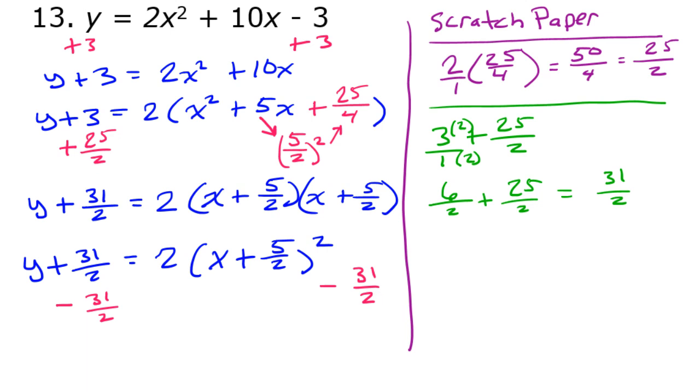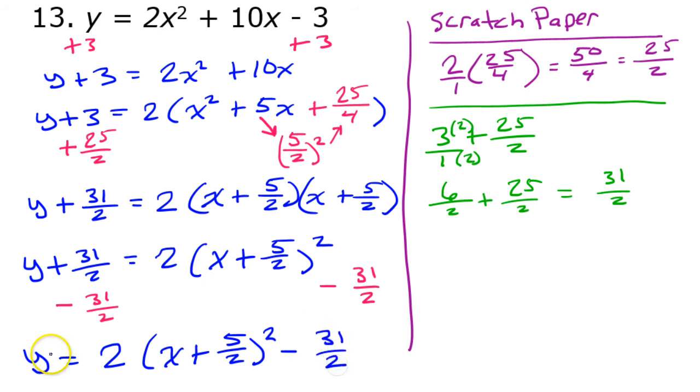And that's it. So your standard form is y equals 2 times x plus 5 over 2 squared minus 31 over 2.